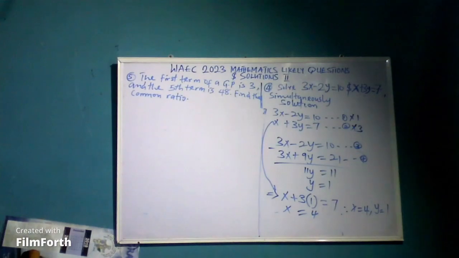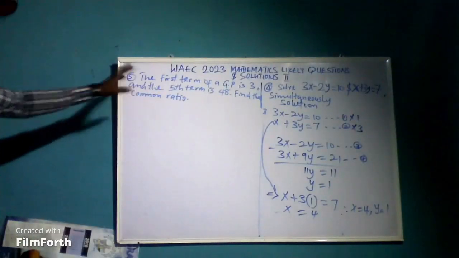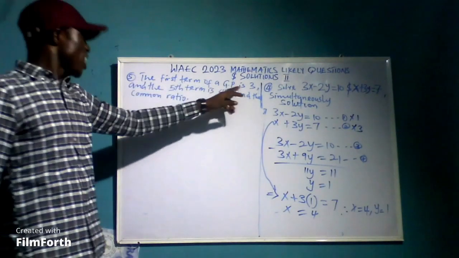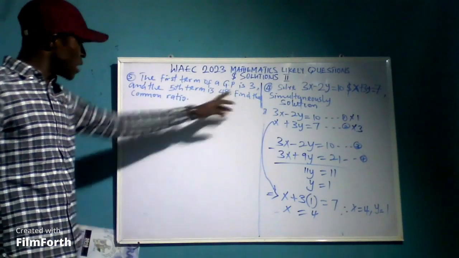Now let's take a look at question number 5. As stated on the board, the first term of a geometric progression is 3, and the fifth term is 48. We have to find the common ratio.